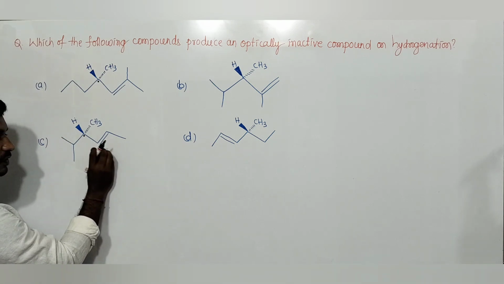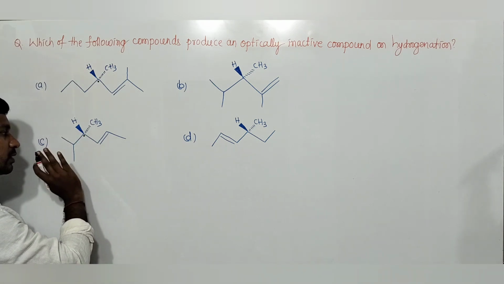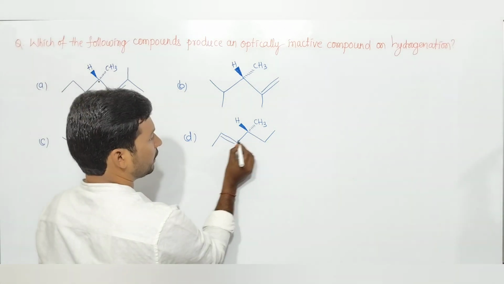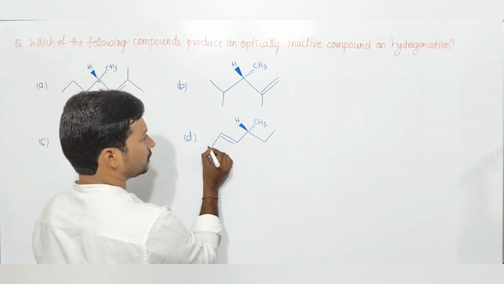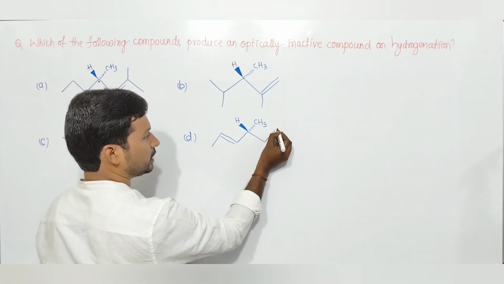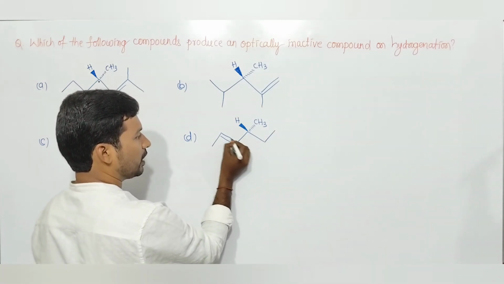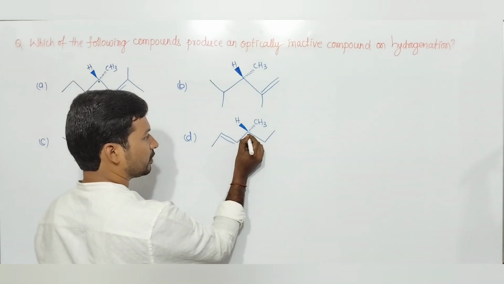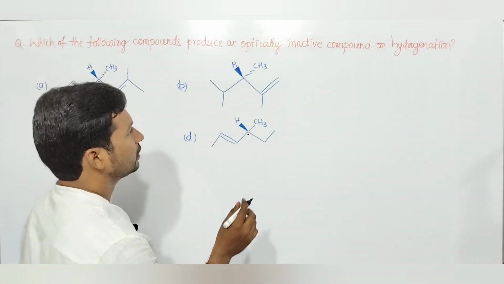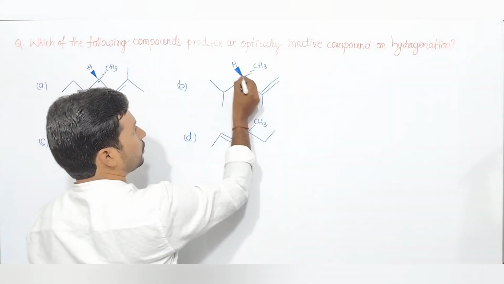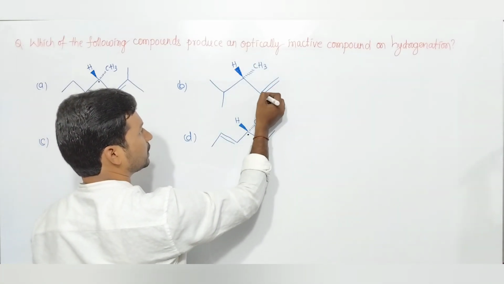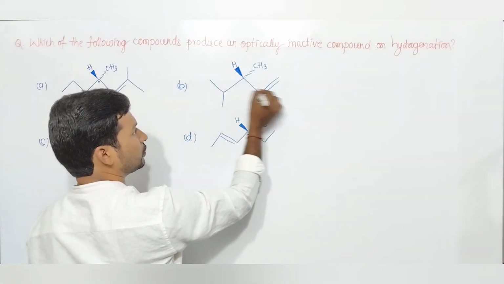Before addition of hydrogen this is optical active. Here if hydrogen is added, this is an ethyl group and this is a propyl group. Before and after addition of hydrogen, this is optical active. So here hydrogen, methyl, this is some isopropyl group, this is isopropenyl group, the two are different.